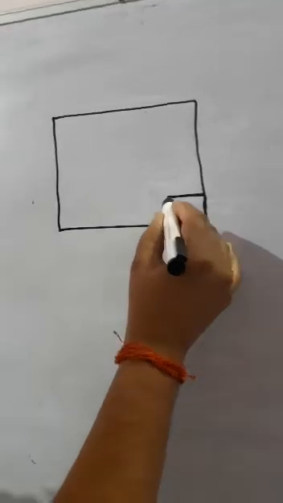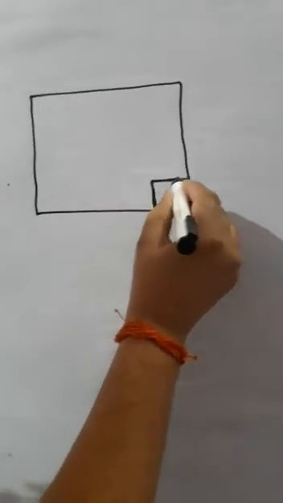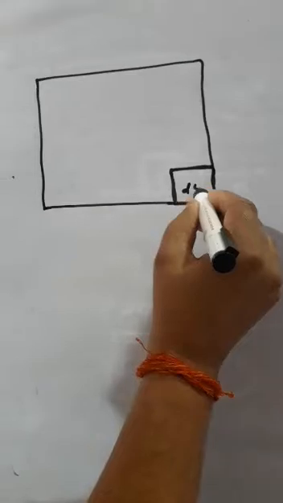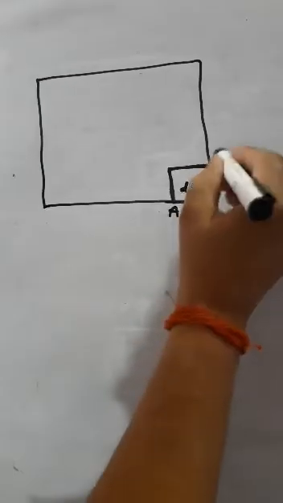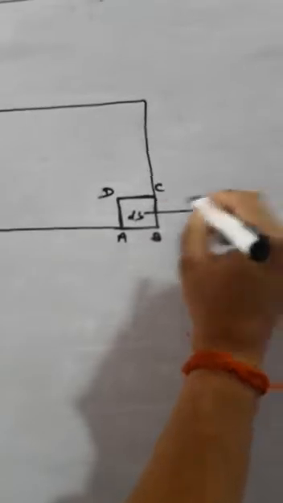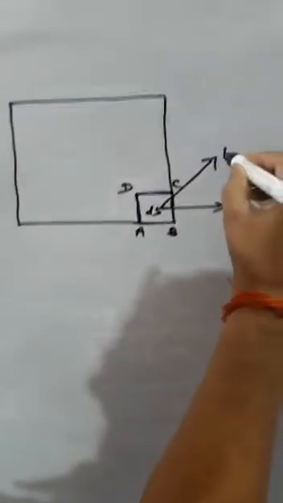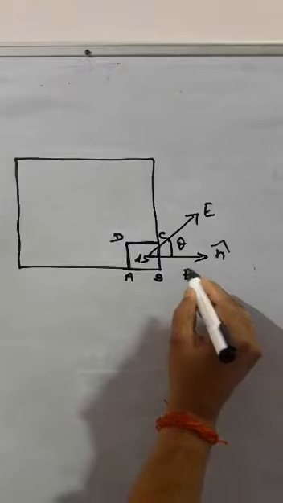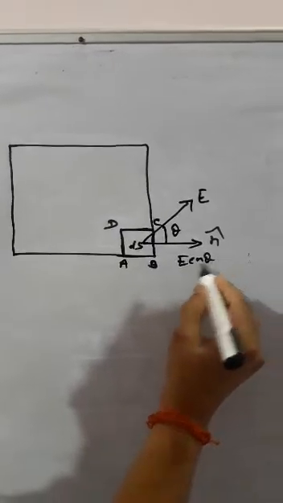Suppose such a small element of surface area dS is ABCD. If the angle between the outward normal and the electric field is theta, then the component of electric field in the direction of normal is E cos theta.